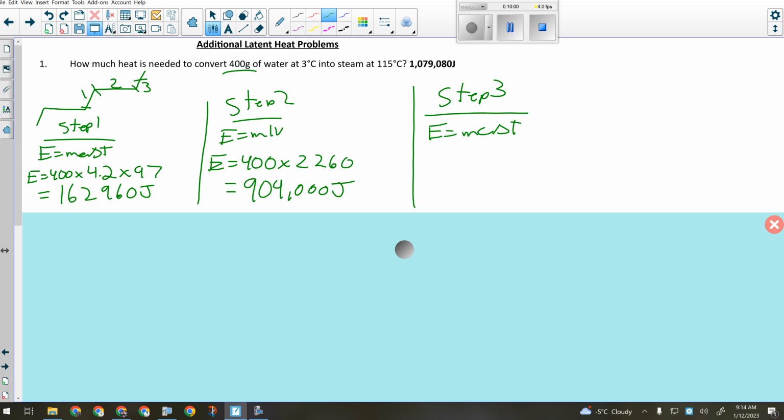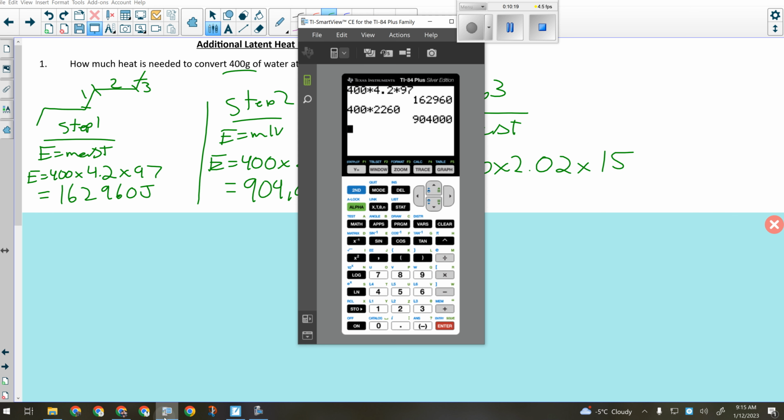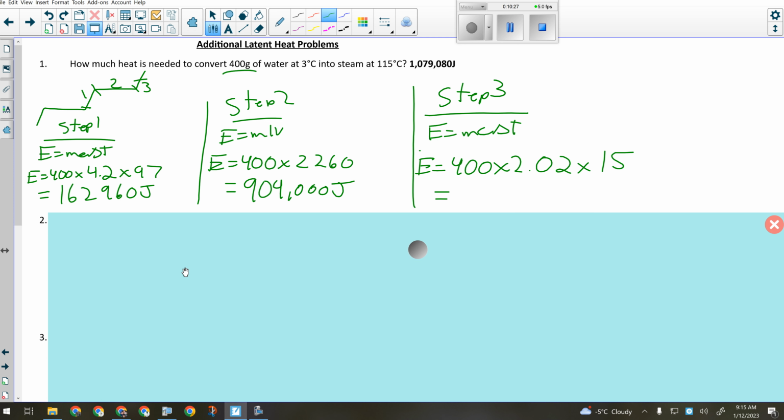And then I have to heat the steam up. So still 400 grams, but now it's steam, so I have a different heat capacity, 2.02, and I'm heating it from 100 to 115, which is 15 degrees. So we're looking at 12,120 joules.